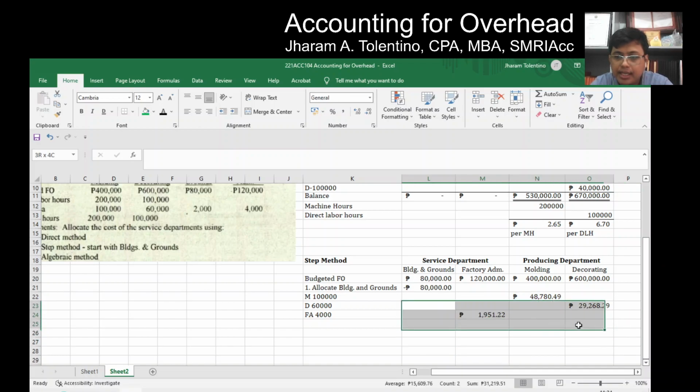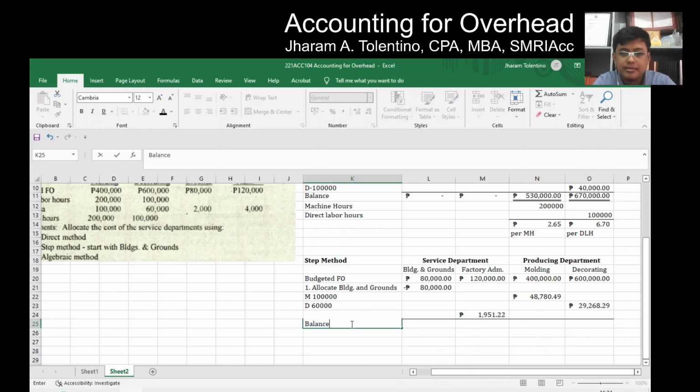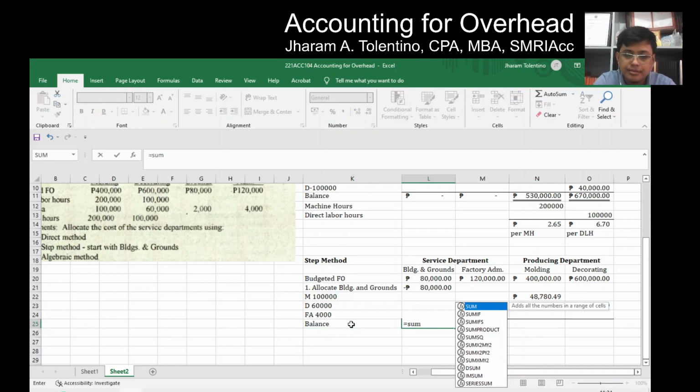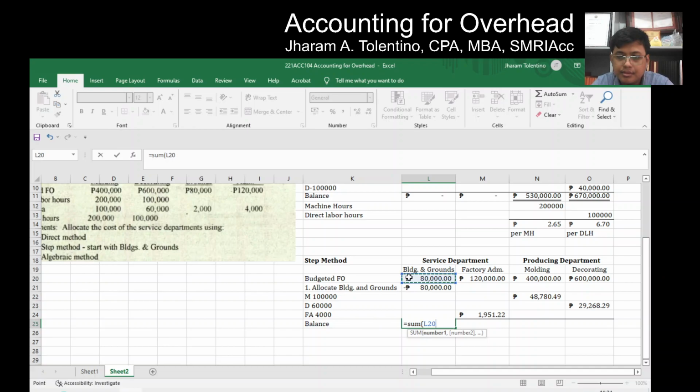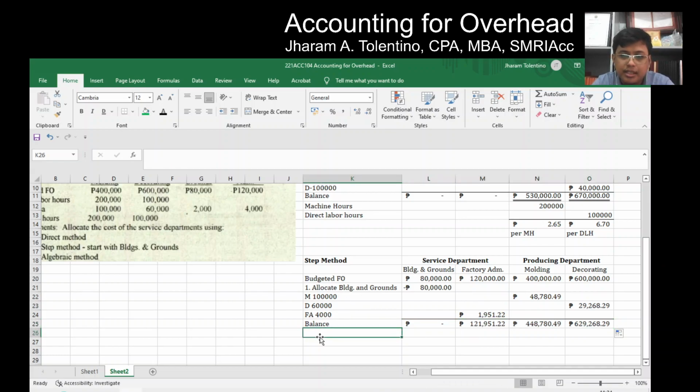Okay, let's get the balance. So, 0 na si building and grounds. And this time, yung factory admin mo, meron na siyang allocation coming from the building and grounds. Okay.